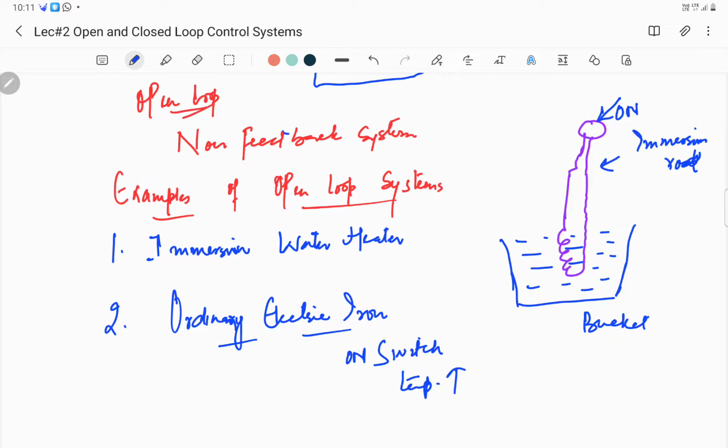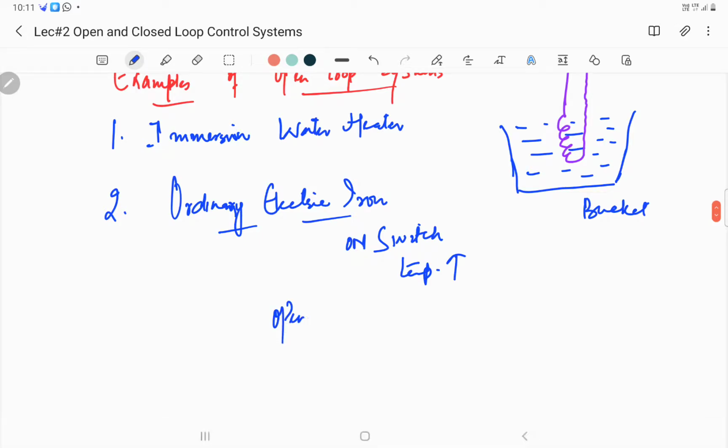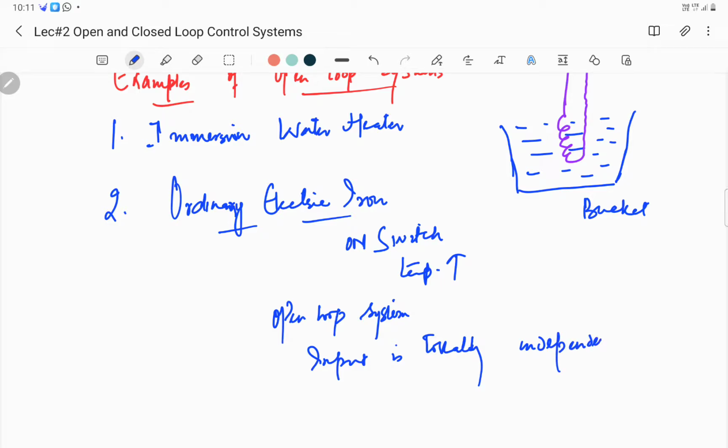So the input to the controller in an open loop system is totally independent of the output of the system.